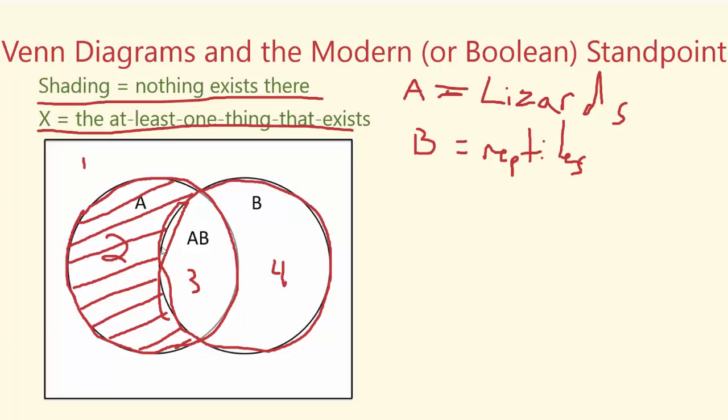Because what that does is that leaves the only A's left over to be within this area. And if you look then, if there is an A, it has to be a B. Because if there is an A, the only place left over to put it is in area 3, which are also B's. So all of our lizards, all of our A's are B's, even though that's not true going in the other direction. It's not the case that all B's are A's.